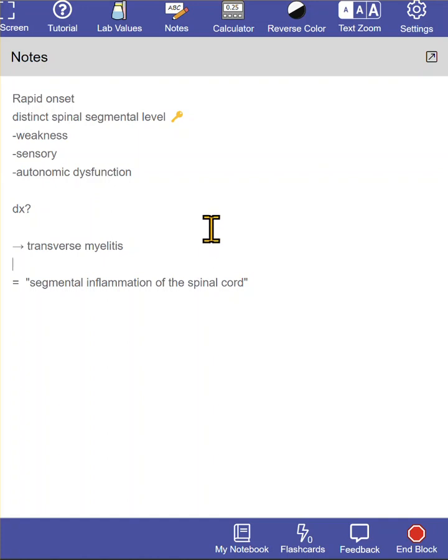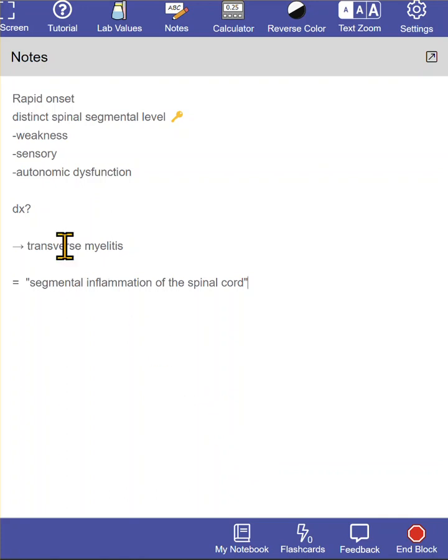I think this is a weakness of a lot of people, understanding transverse myelitis and when to diagnose it, because this is a very commonly misunderstood thing. The best way to describe it for boards is segmental inflammation of the spinal cord. So you're going to have signs that are very specific to a spinal segment level.